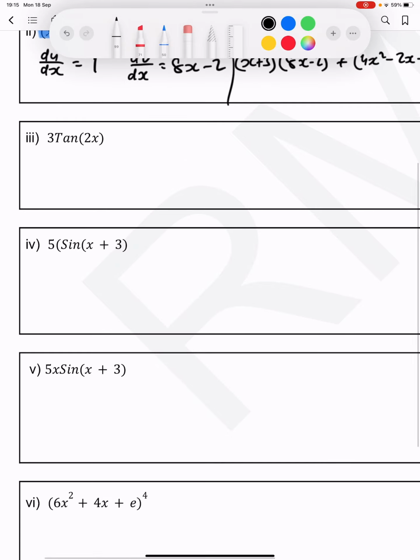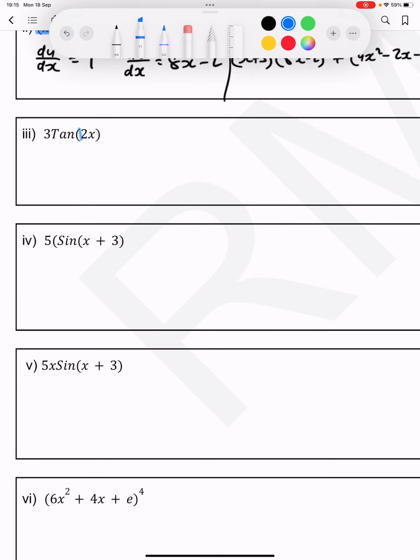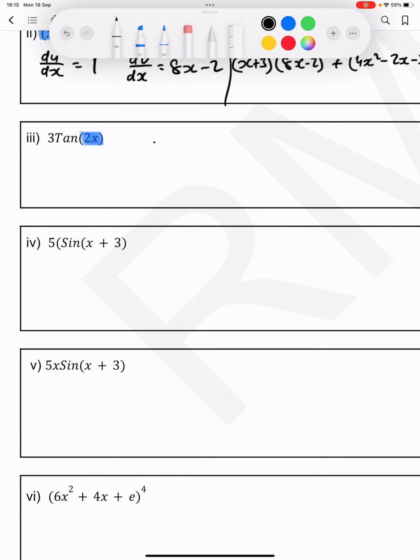Now we're on to some trigonometric ones, so lovely timing for these. With these, technically we use the chain rule, but we derive what's inside first of all. So the angle, in this case, the derivative of that is 2, and now we derive the overall thing.